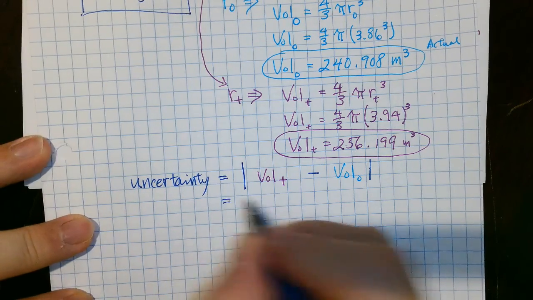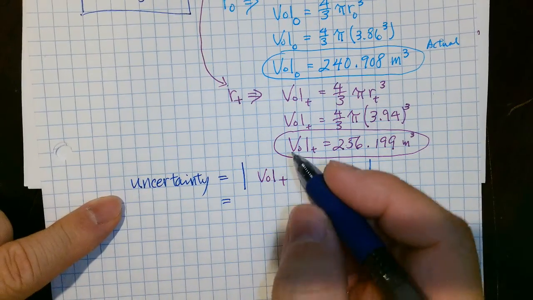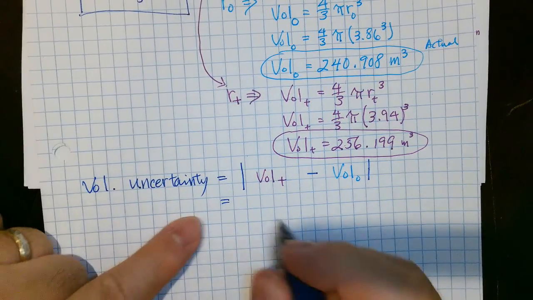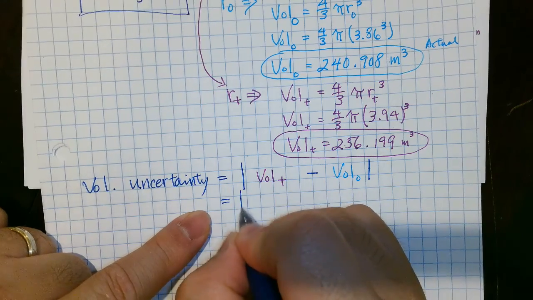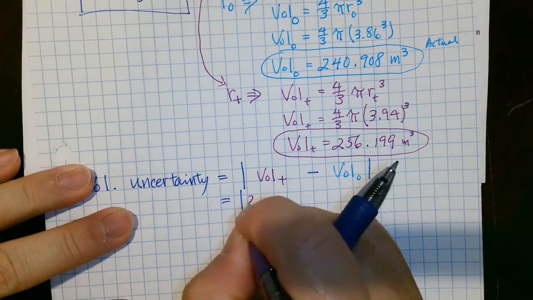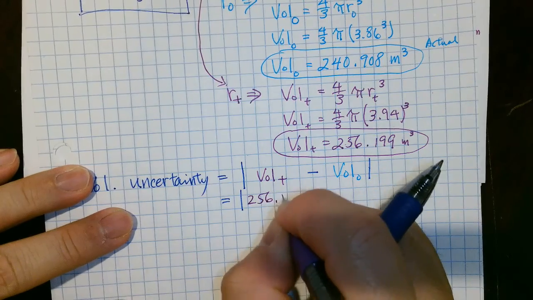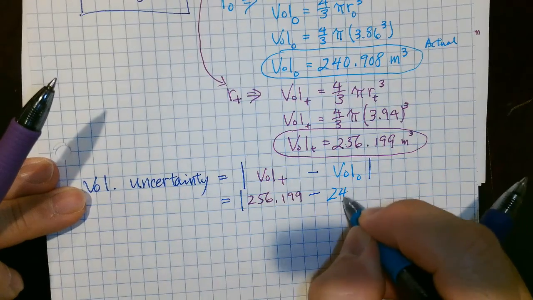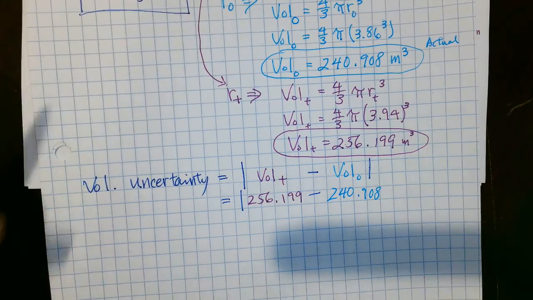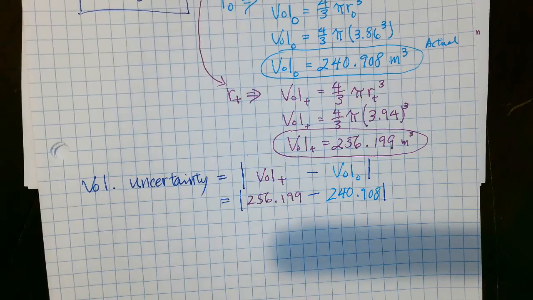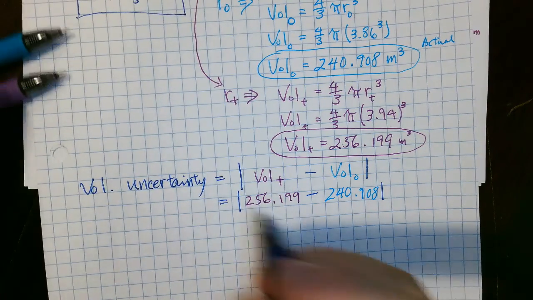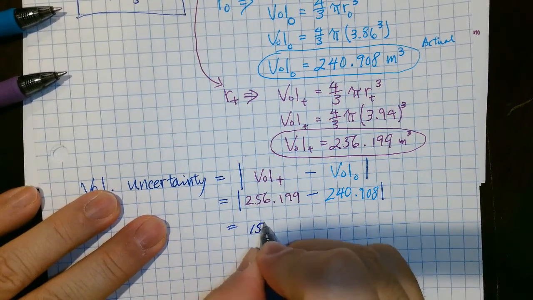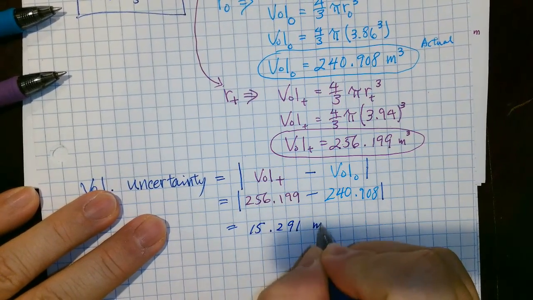So the volume uncertainty is equal to 256.199 minus 240.908. Boom. The volume uncertainty comes out to 15.291 meters cubed.